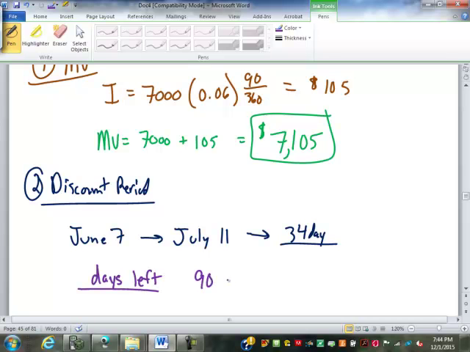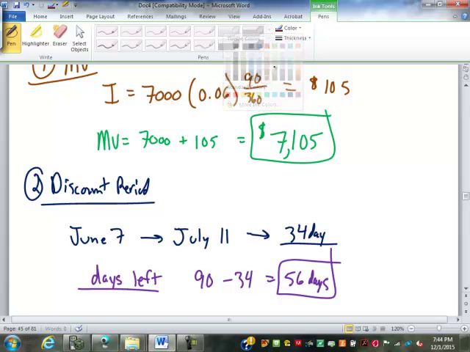So 90-day note minus 34 is 56 days. You subtract June 7th from July 11th to get 34 days gone by, and you subtract that from the term of the note to get the days left. That is your discount period, 56.